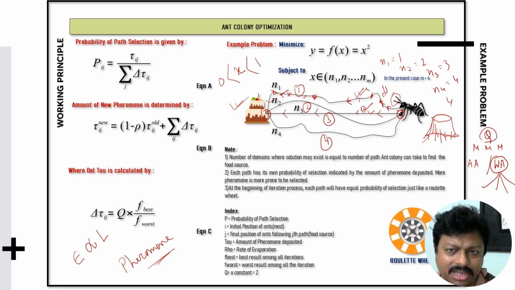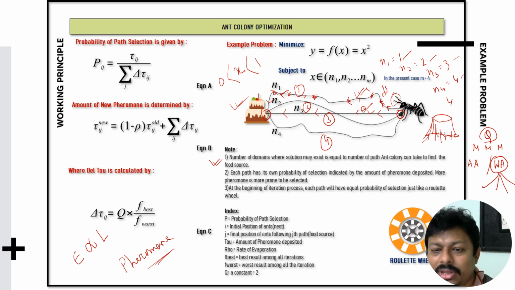So the same thing is mimicked here. Before coming into this problem, we must remember that the number of domains where a solution may exist is equal to the number of paths the ant colony can take to find the food source. Previously I said we have a function y equals x squared, which we have to minimize, and x can take any value 1, 2, 3 and 4.